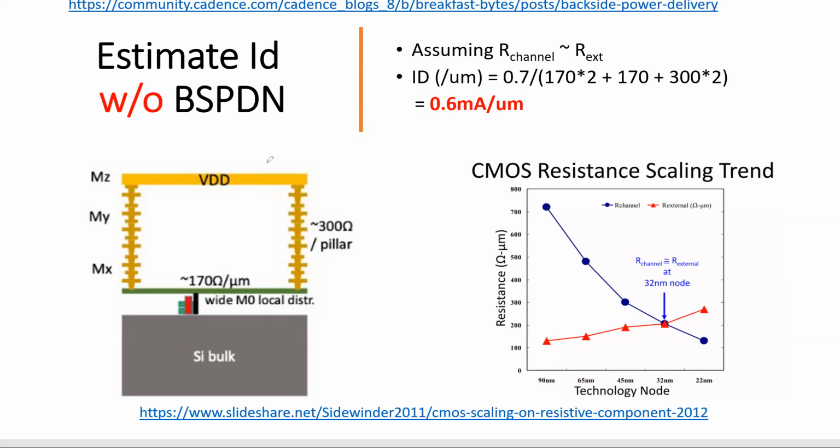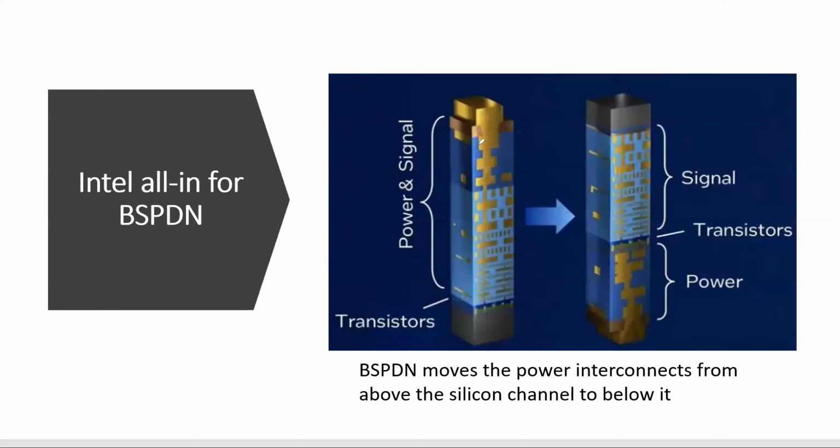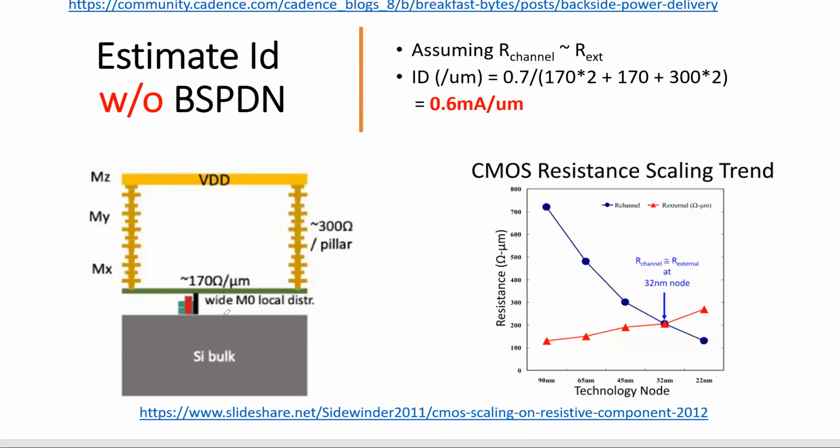And using this graph, this is sort of an equivalent circuit diagram for you. The pillar that we saw here is about 300 ohm per pillar. The pillar means that here, all right? When you go down from VDD all the way to here, through all this pillar, the resistance is 300. When you go down to the transistor level, you see a resistance, say 170 ohm-micrometer.